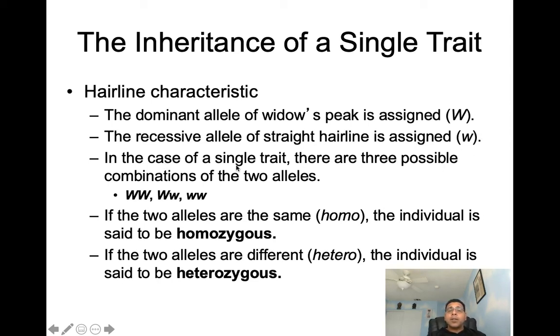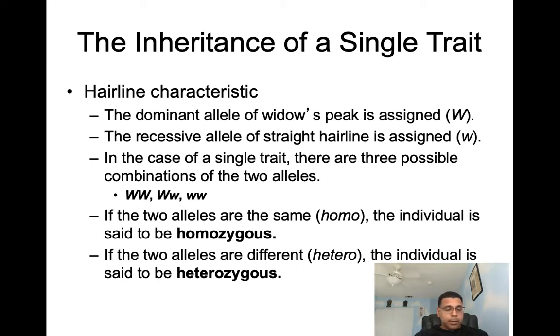So in the case of a single trait, there are three possible combinations of the two alleles, right? We can have two capital W's, we can have a capital W and a lowercase w, or we can have two lowercase w's. Likewise for finger length, short fingers is going to be the dominant allele, which is represented by the capital S, whereas long fingers is the recessive allele, and it's going to be represented with a lowercase s.